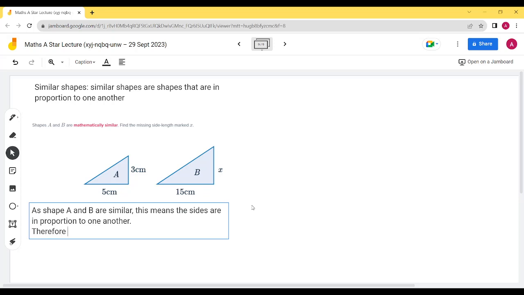Therefore, to find X, we need to find the scale factor between the two shapes.